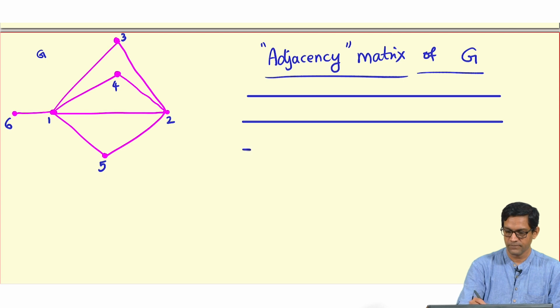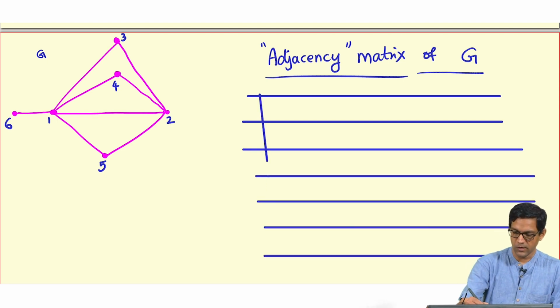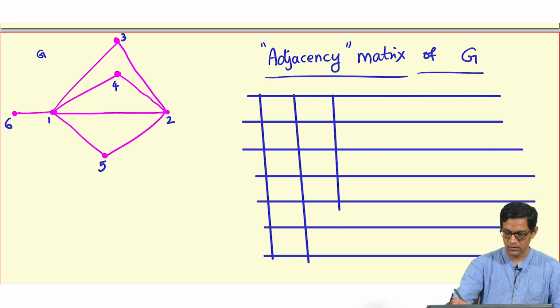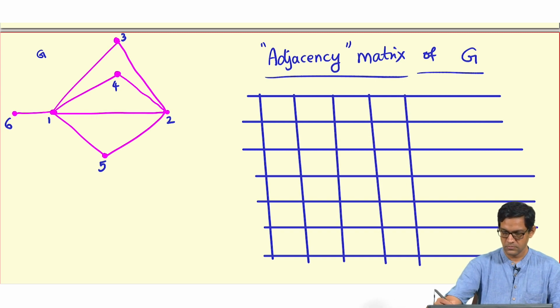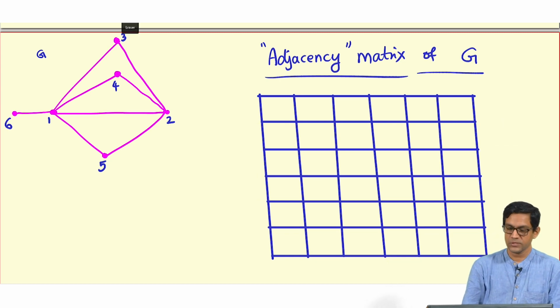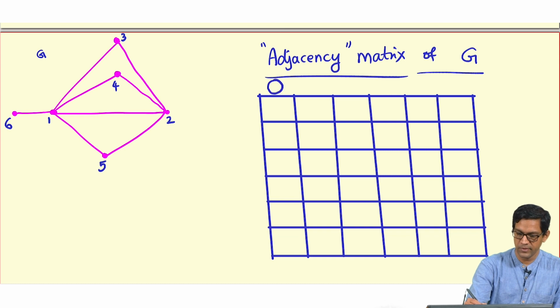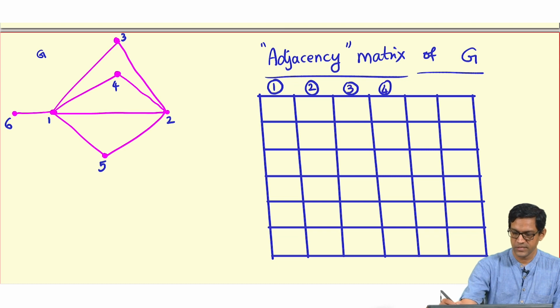So let us draw some rows and some columns. So I have 6 rows and 6 columns. We think of these 6 columns as being labeled by the 6 vertices 1, 2, 3, 4, 5, 6. Likewise the 6 rows.